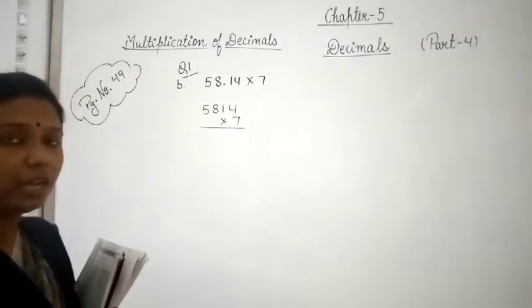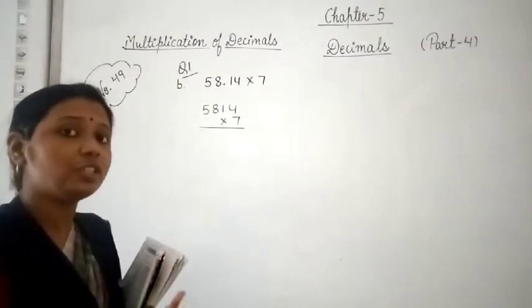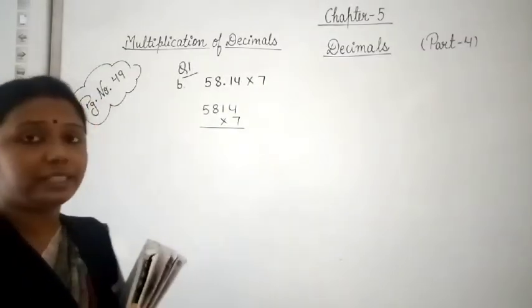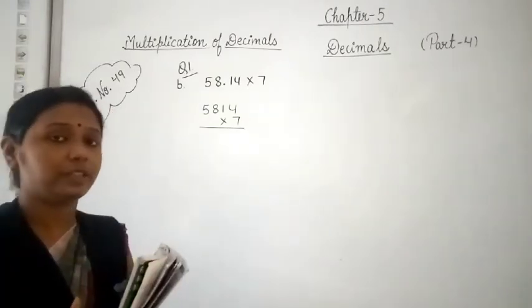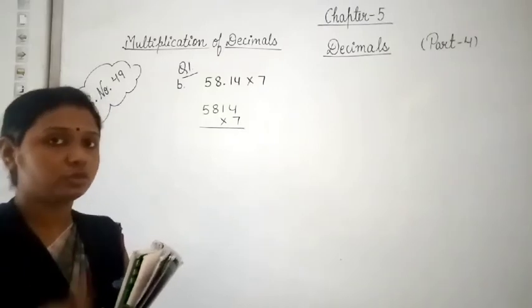Yes, because we have all done this kind of multiplication many times. So instead of writing the decimal point here, I have just written the number without the decimal point. Same thing you have to do.